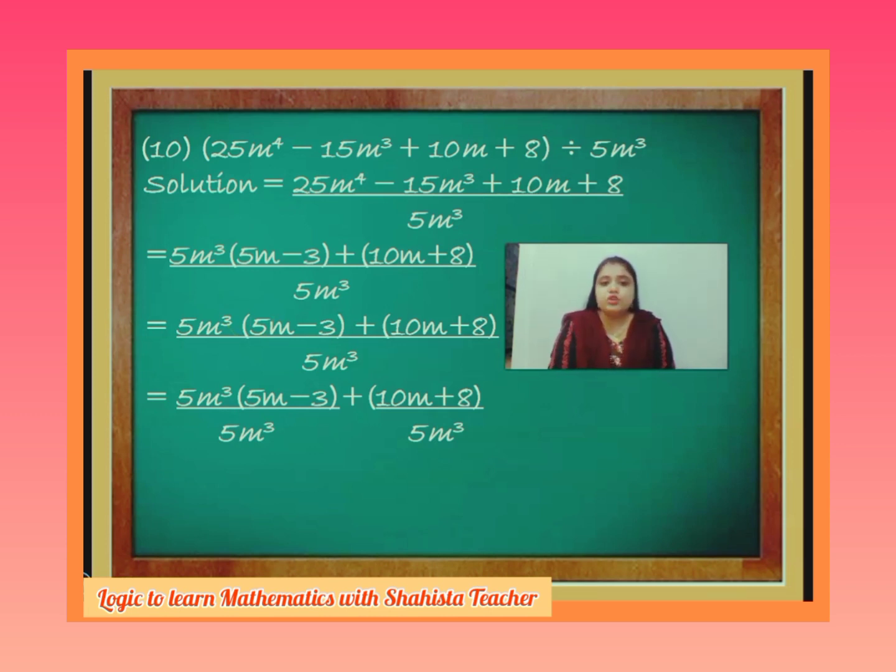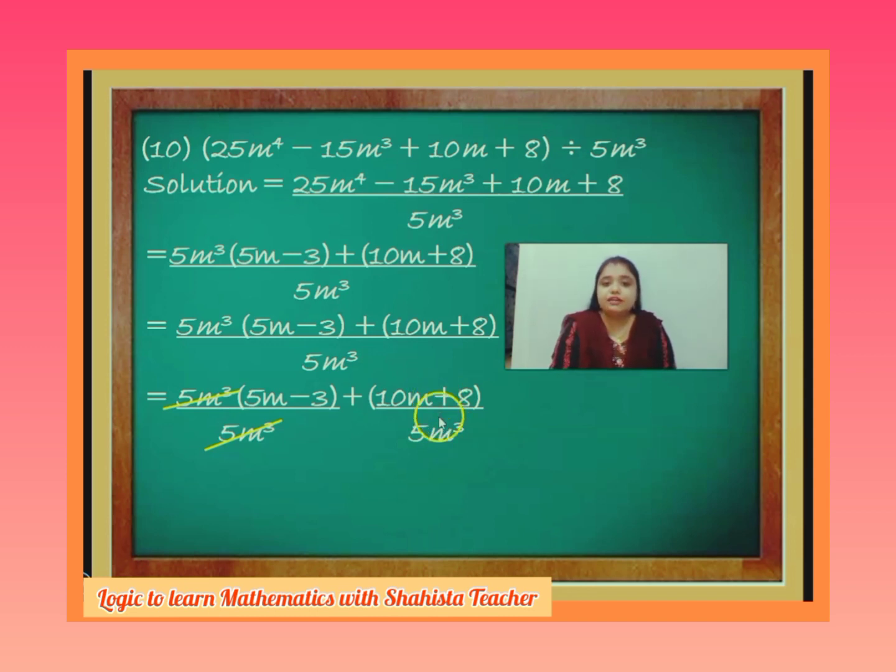Now the common terms get cancelled. Here 5m cube and 5m cube get cancelled. After cancelling the common denominator and common numerator, we get 5m minus 3. So 5m minus 3 is our quotient, and 10m plus 8 upon 5m cube is the remainder. Why? Because you can see that these terms cannot be divided.